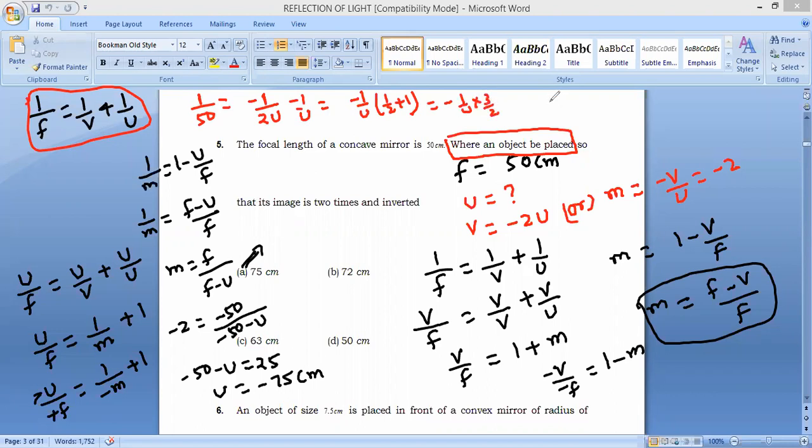So 1 by 50 is equal to minus 3 by 2u. So u equals minus 75. Directly we will get. Actually, in future, if they give magnification, object distance, and focal length, we can apply this formula directly.